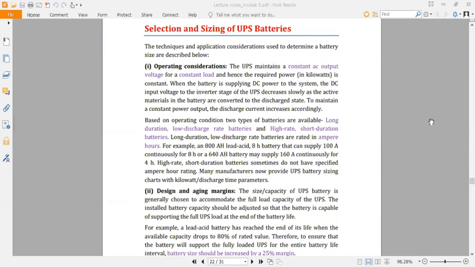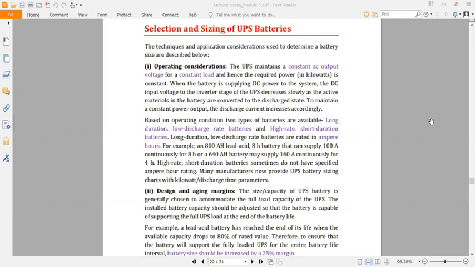Today I am going to discuss a few techniques, or points, which greatly affect the selection and size of the battery. These are some factors that will decide which type of battery we should select for our use.